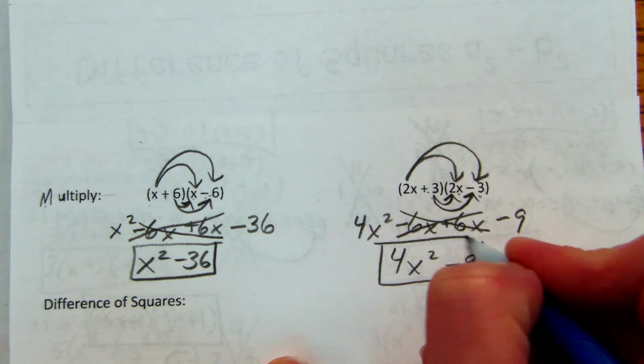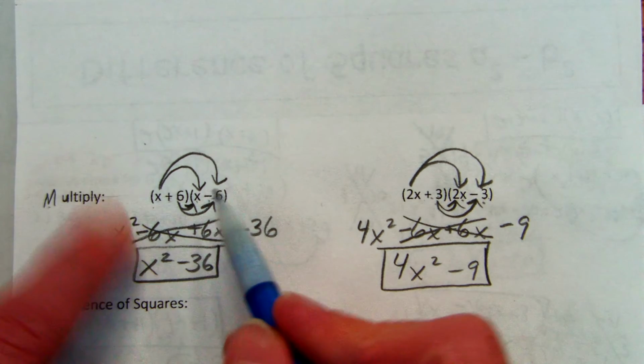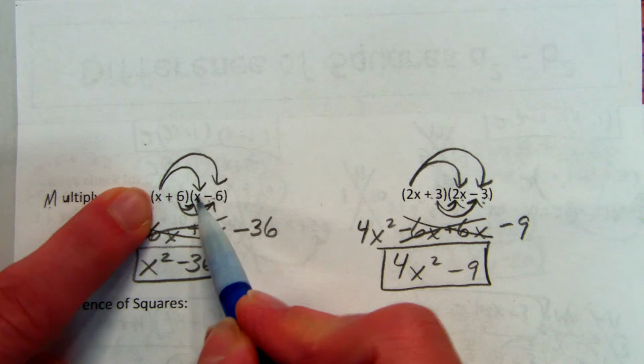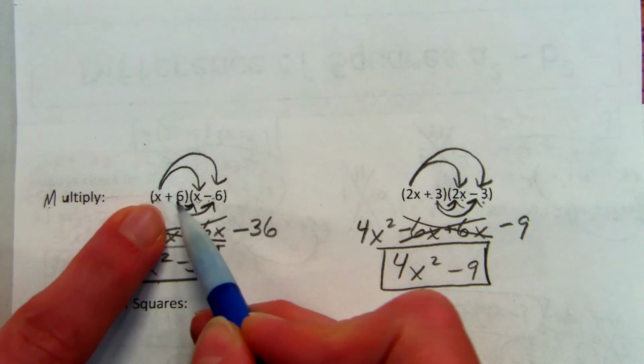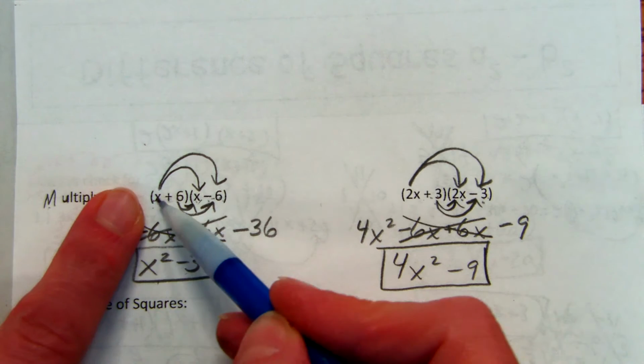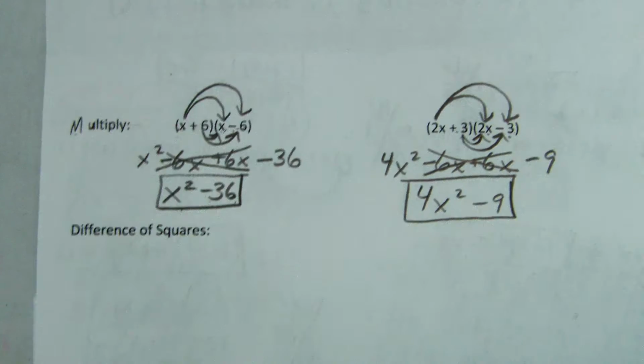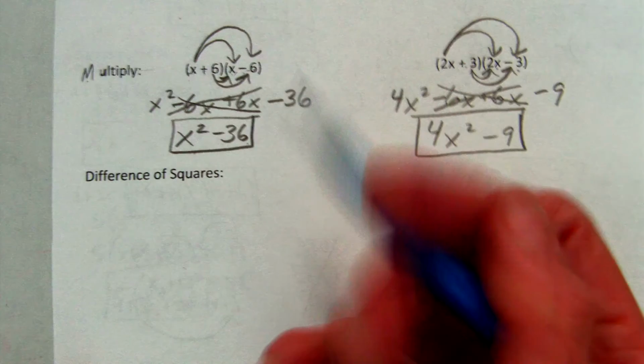Now, if you look at both of these examples, what we ended up with was the first numbers, the x times the x is x squared, and the 6 times negative 6 is negative 36. And so it's kind of like we squared the x and we squared the 6 and we put a minus between them. And this is where we're going to get the formula for difference of squares.